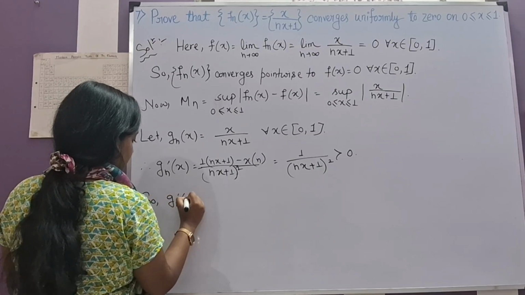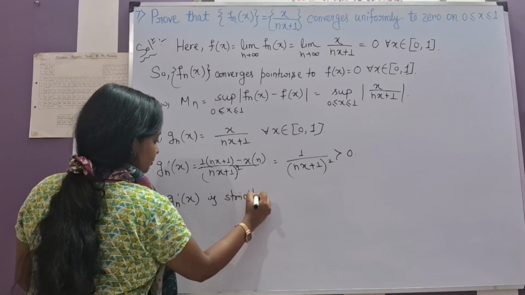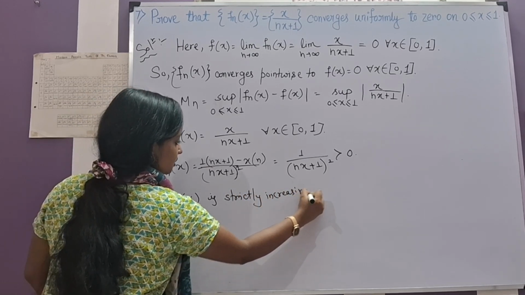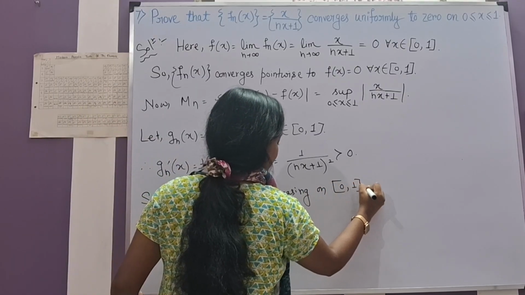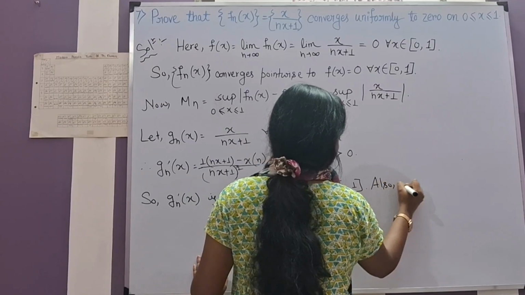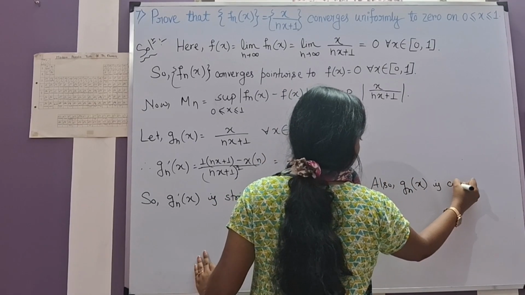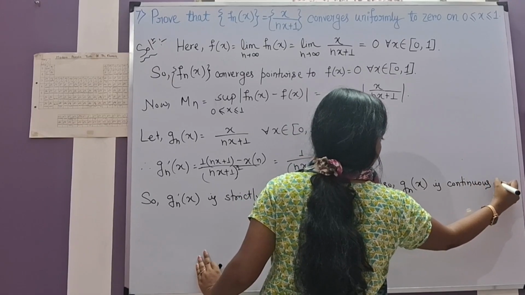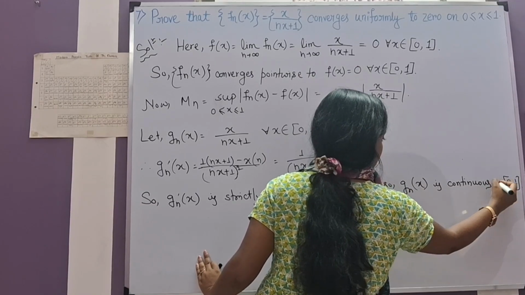So gn is strictly increasing on the closed interval [0, 1]. Also, gn of x is continuous on the closed interval [0, 1].